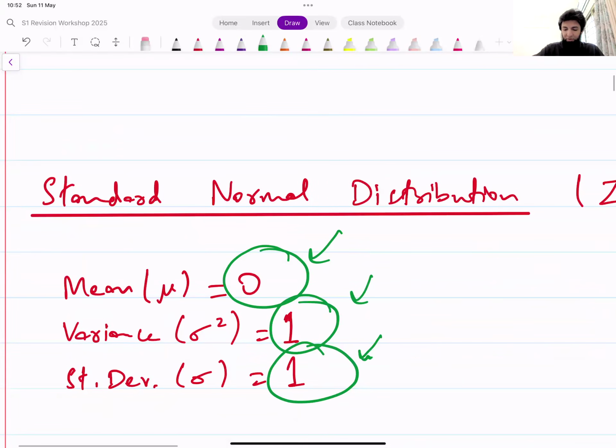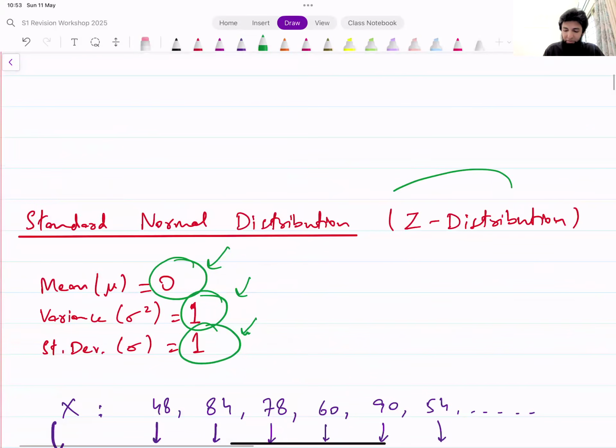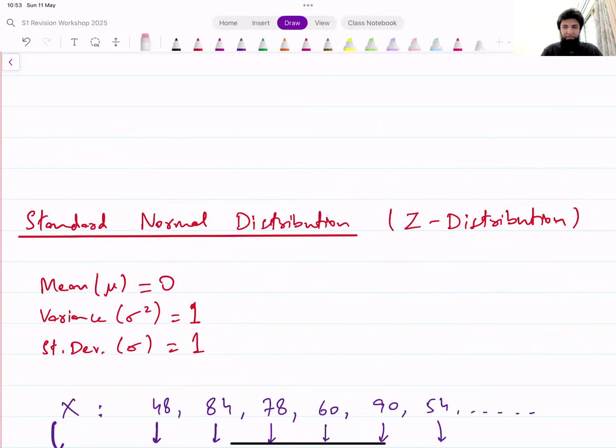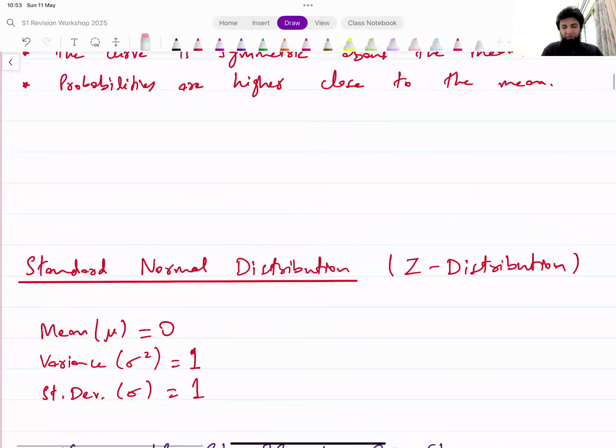So there's a standard normal distribution, which we also call Z distribution. It's a distribution such that the mean is 0 and the standard deviation and variance, they're both equal to 1. So what we would do would be, whatever distribution we have, we would be converting that to a standard normal distribution and then use that to find values from the table.